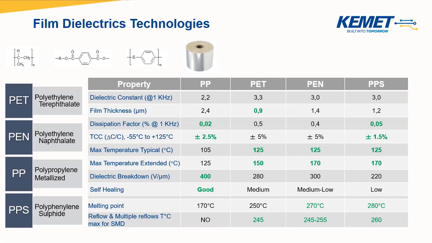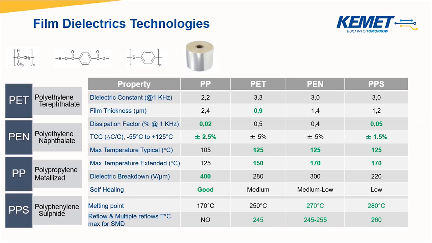The main limitation of this material is the temperature. This dielectric cannot work at a very high temperature, it has a relatively low melting point, and is not suitable for the SMD process because the dielectric will not withstand the SMD reflow profile.